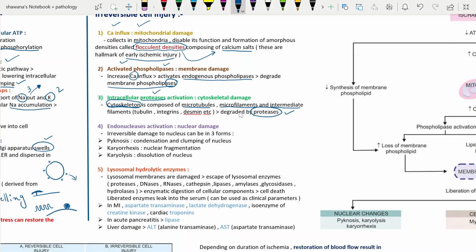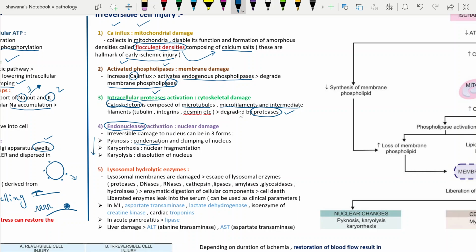The fourth one is endonuclease activation. It starts to destroy the DNA of the cell. There are three forms in which the nucleus can be degraded, and these are like stages. The first stage is pycnosis. Pycnosis means the condensation of the nucleus of the cell.